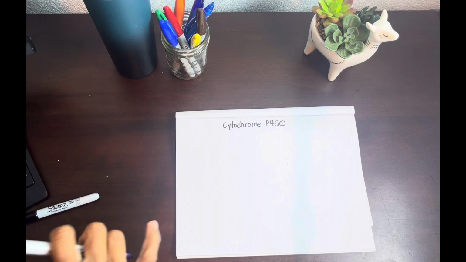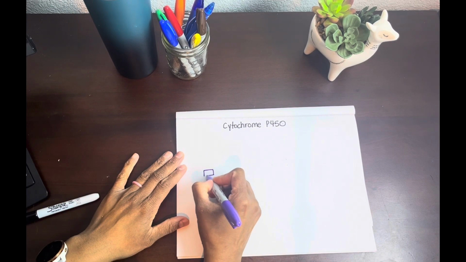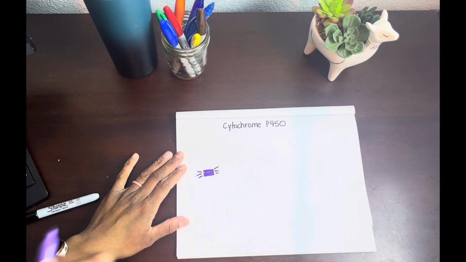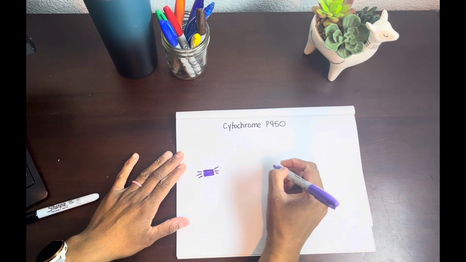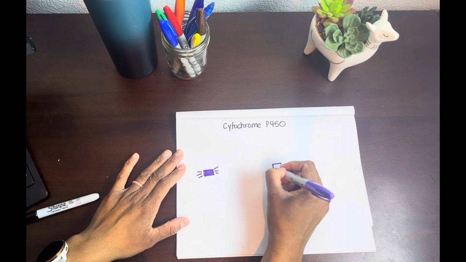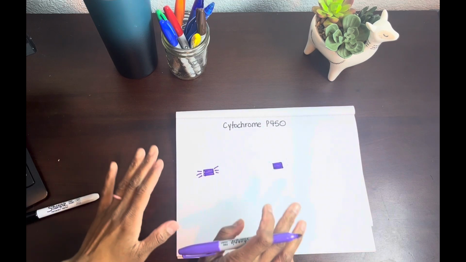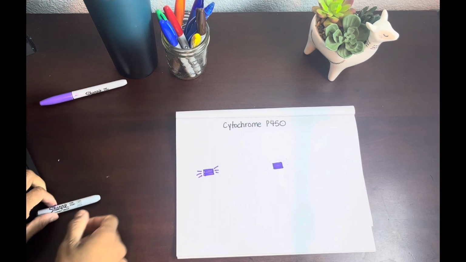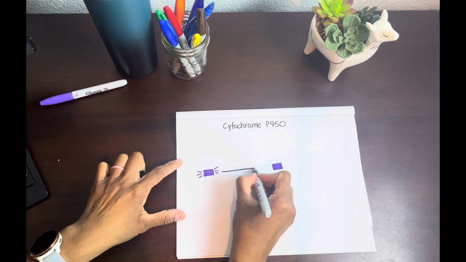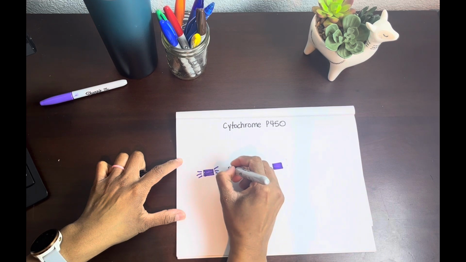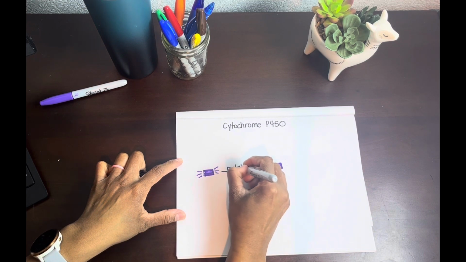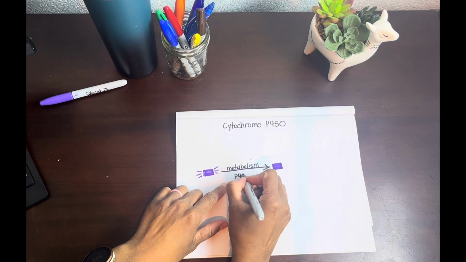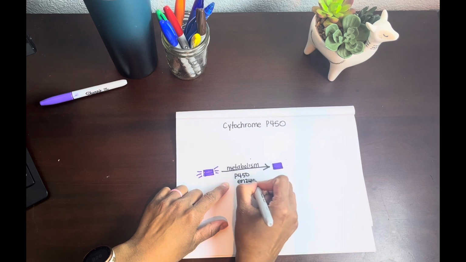So if we represent active drug by this purple rectangle, and we'll show activity as these dashed lines right here, and then we represent the inactive drug as simply a plain purple rectangle, we get from active to inactive drug via its metabolism, and that is achieved via the P450 enzyme.